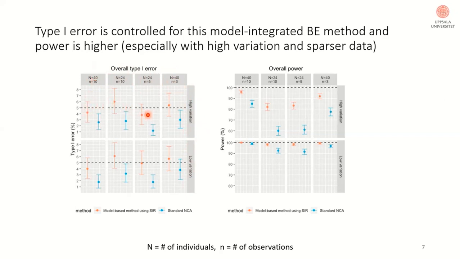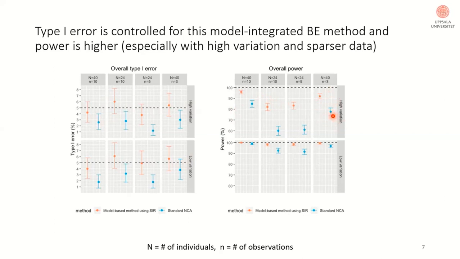In this case, the red is the model-integrated approach, and the blue is the standard approach. What you can see is that the model-based approach controls type 1 error in all of these situations that we investigated.